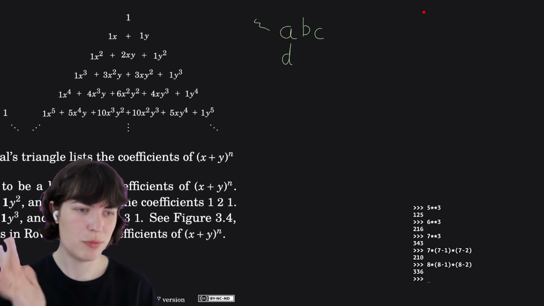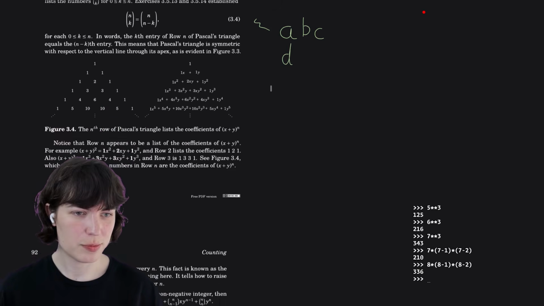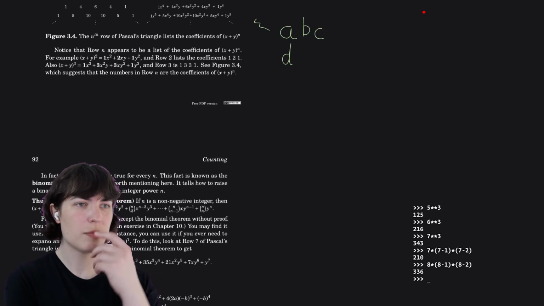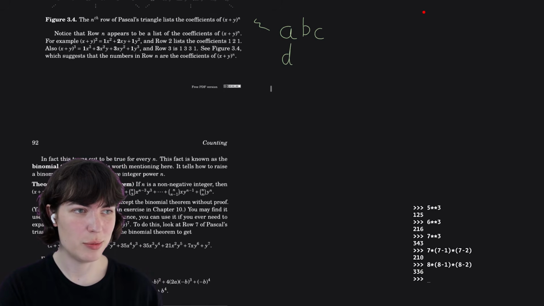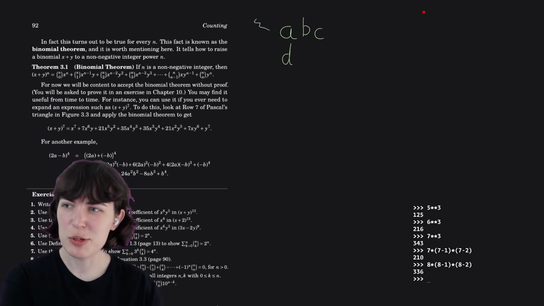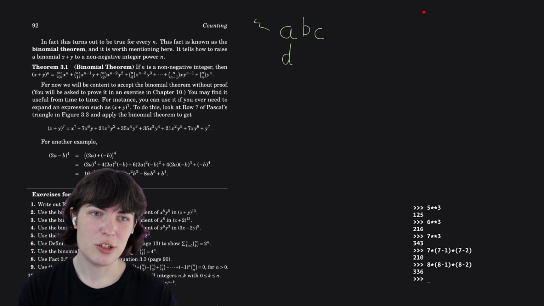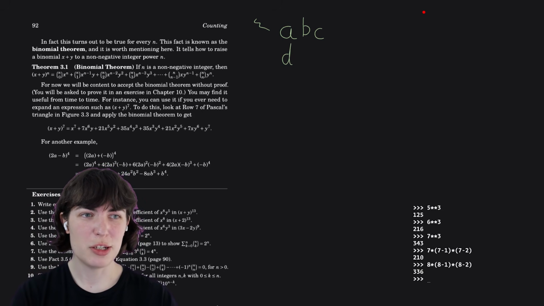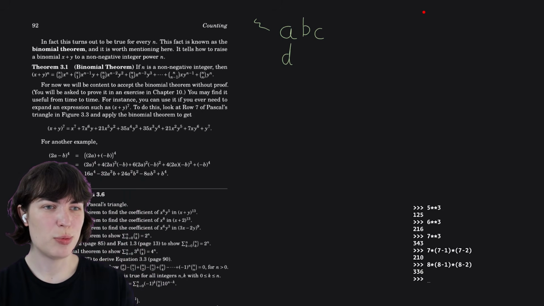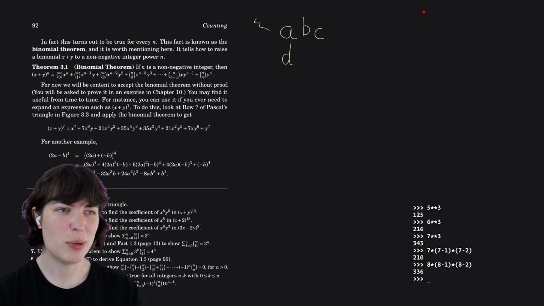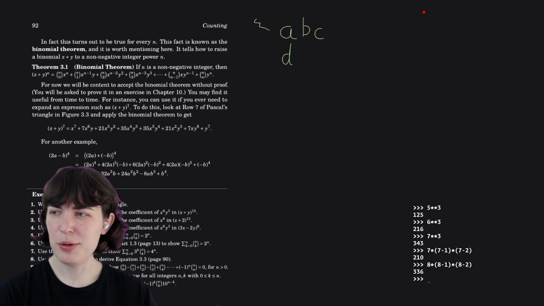Okay, so there's a triangle. In fact, this turns out to be true for every n. This fact is known as the binomial theorem, and it is worth mentioning here. It tells us how to raise a binomial x plus y to a non-negative integer power n. Theorem 3.1, the binomial theorem.